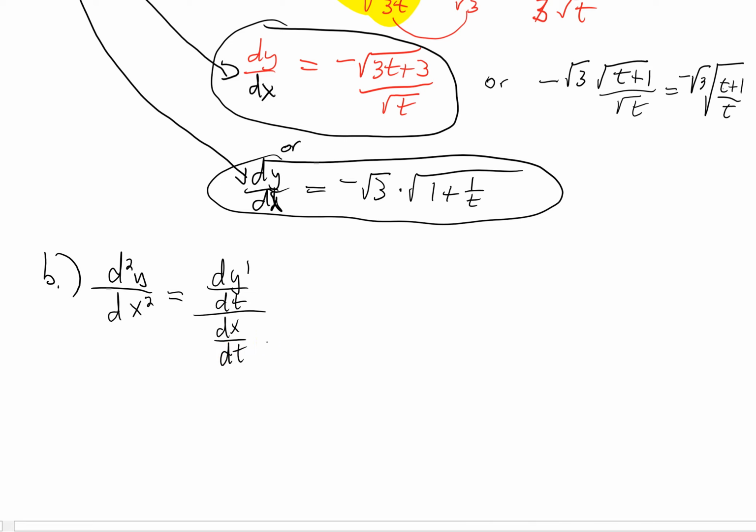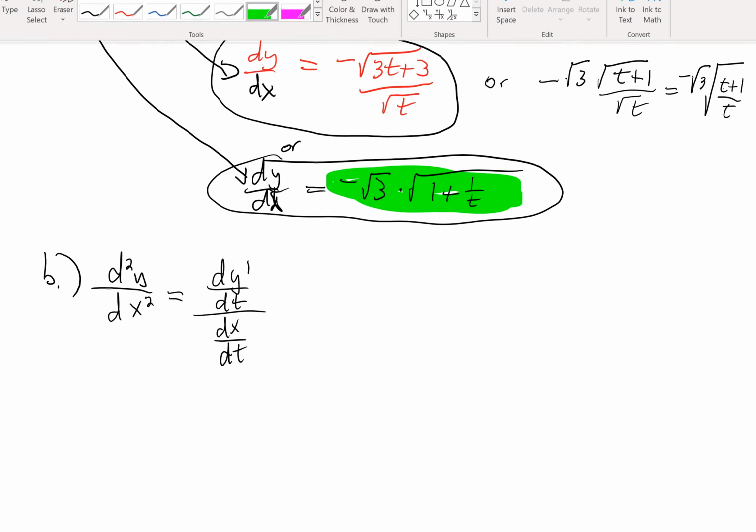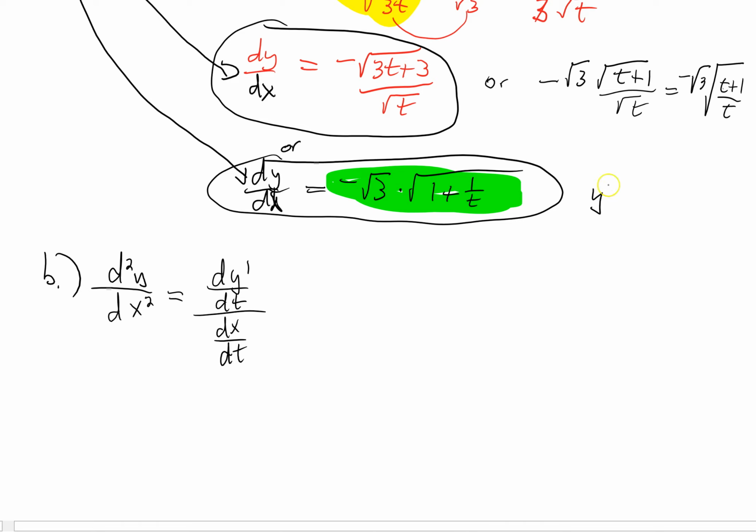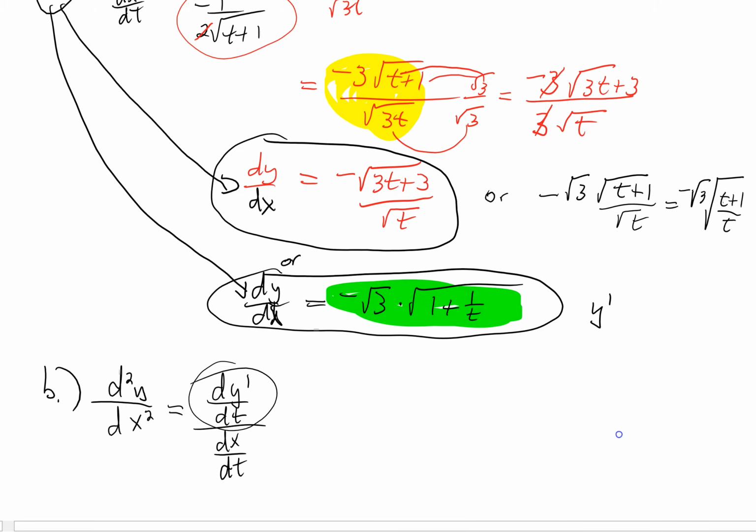And this is why that last form might be a little bit easier to work with this thing. Why? Because that's really what y prime is. This is y prime. And if I'm going to have to take another derivative right now with respect to t, I could have gone to my yellow form up here and done that. I'd need the quotient rule, wouldn't I?